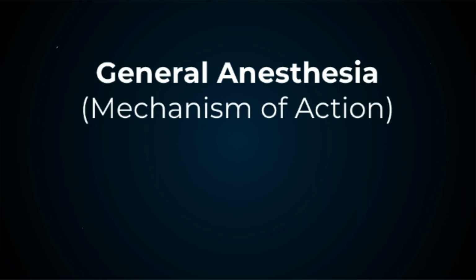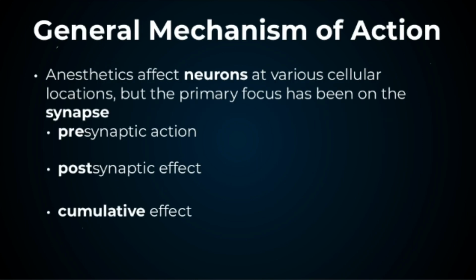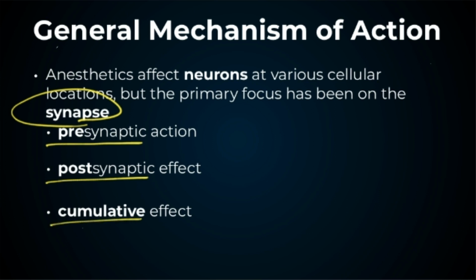Okay, now we go to the mechanism of action of general anesthetics. Anesthetics affect neurons at various cellular locations, but the primary focus has been on the synapse. Anesthetics can affect neurons by actions on the presynaptic neuron, or they can have postsynaptic effects, or a combination of both. For presynaptic action, anesthetics may alter the release of neurotransmitters.